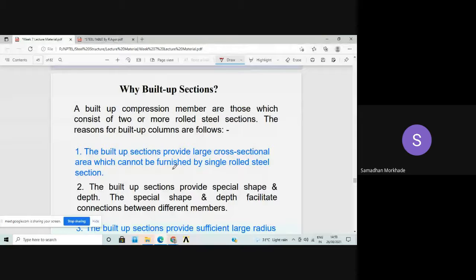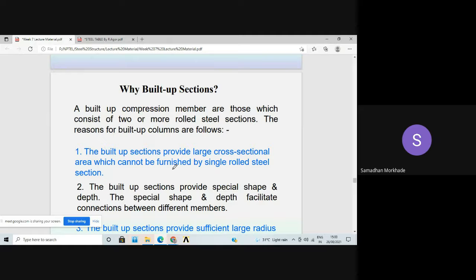Sometimes, dear students, a single section is not sufficient to carry the heavy loads coming on the structure. In that case, we use two sections together to carry that much heavy loading. But since we are adding two sections together, the fabrication part comes into the picture.